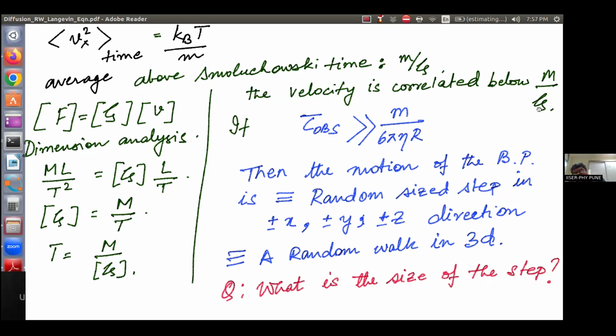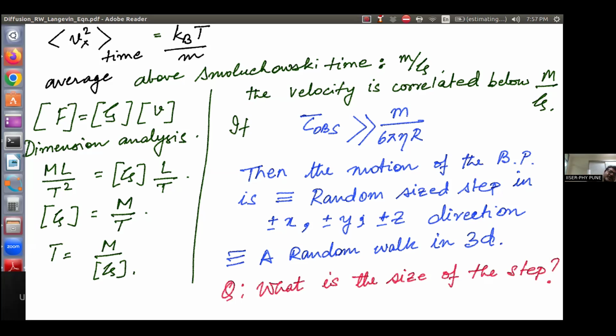It's only if you look well above this time scale, and this can be derived, that you will see this random motion which I talked about. It's moving in one direction and another direction and so on. So only if the time of observation is higher than m by 6 pi eta r are you going to see this random motion. Before that also you will see the random motion, except that the velocity of the colloidal particle is correlated.